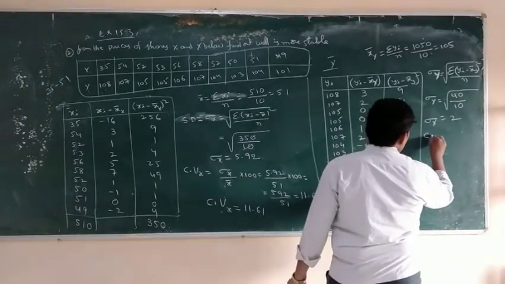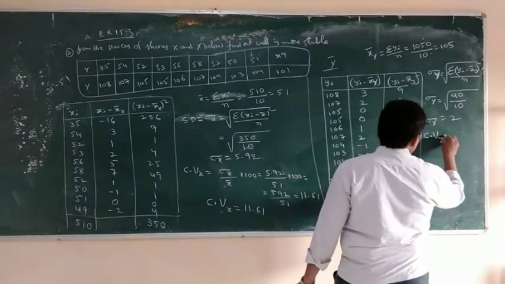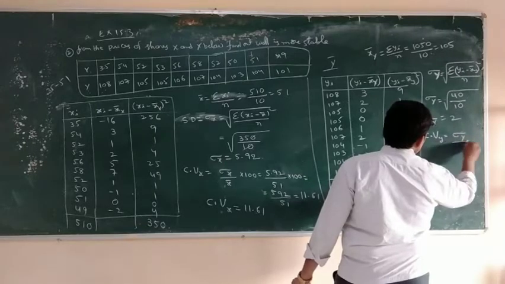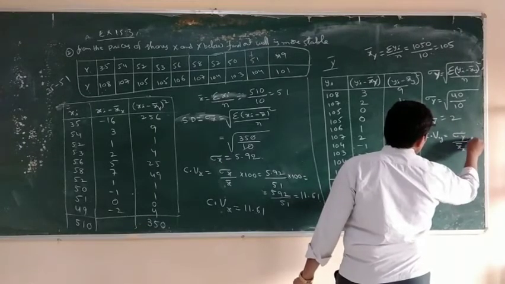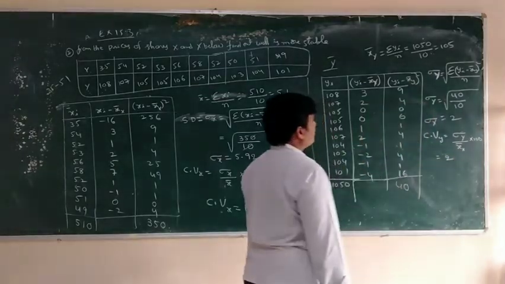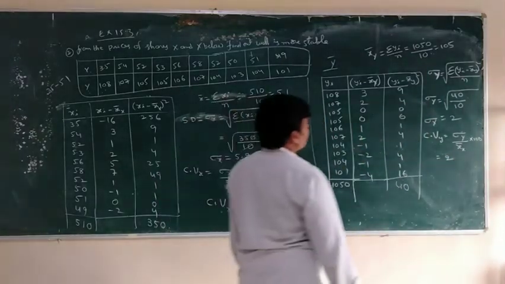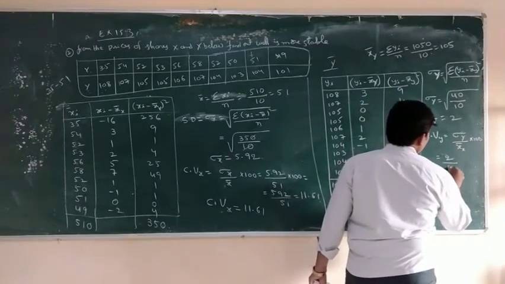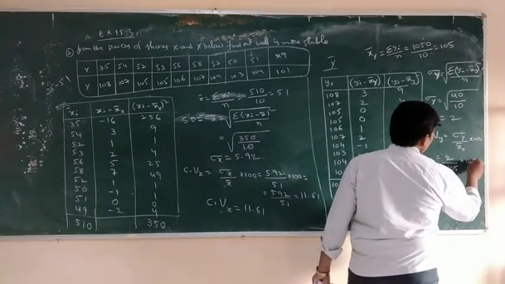So the coefficient of variation of y is sigma y by y bar into 100. Sigma y is 2, and the mean is 105, into 100.